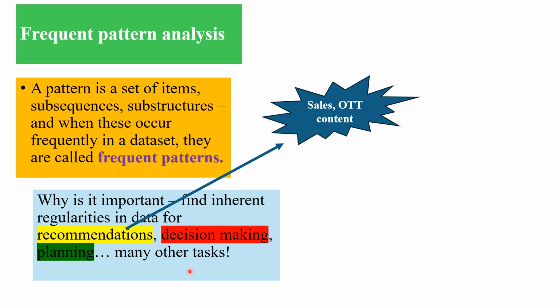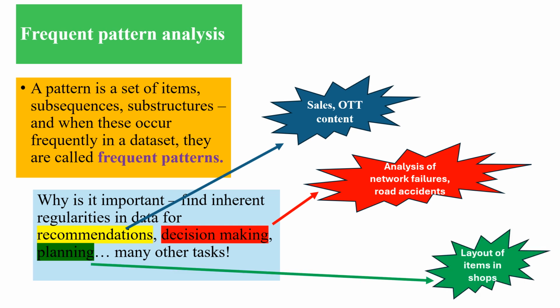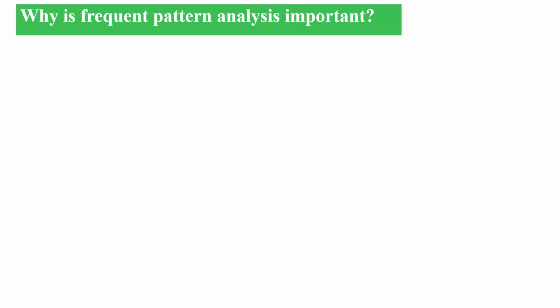So you can recommend similar ones to them. Decision making in analysis of network failures or road accidents, you can make certain decisions as to what should be followed. And similarly, planning in layout of items in shops. These are only a very few examples or scenarios which we have given here. There are many, many more.